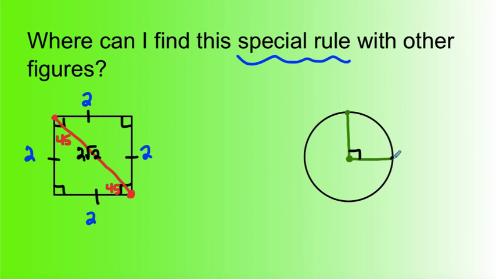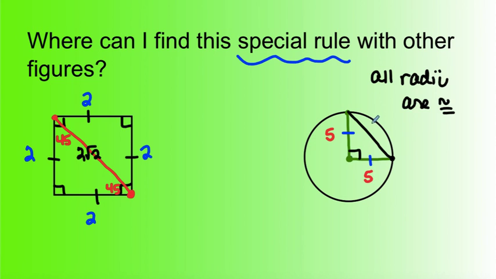Well, I could then connect their endpoints, and because we know all radii are equal, they're congruent, well, then I've just created an isosceles right triangle inside a circle. So if I tell you that this is 5 and this is 5, well, then the hypotenuse would be 5 root 2.